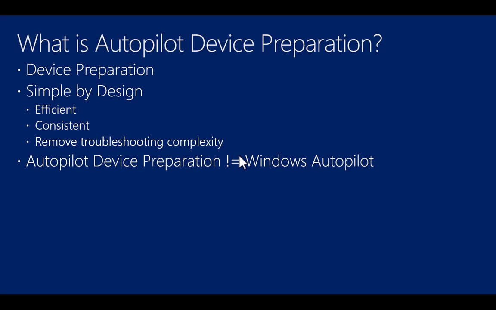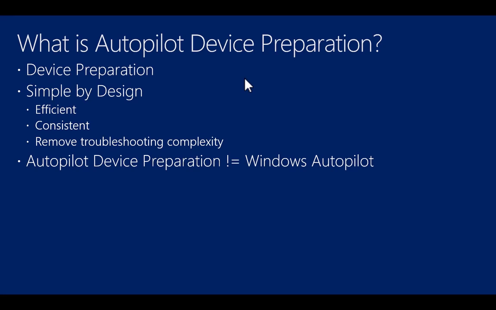It is not equivalent to autopilot. It is a separate way of doing things. It is intended to be simple by design, so very efficient in what it does. It aims to help you have a much more streamlined overall experience with getting devices ready.